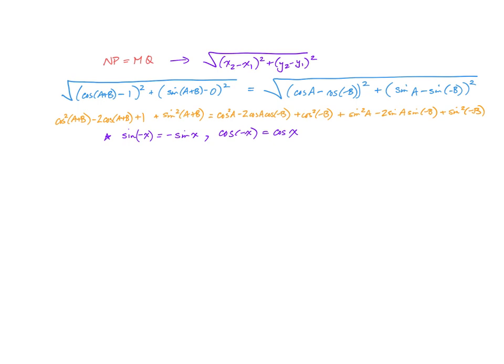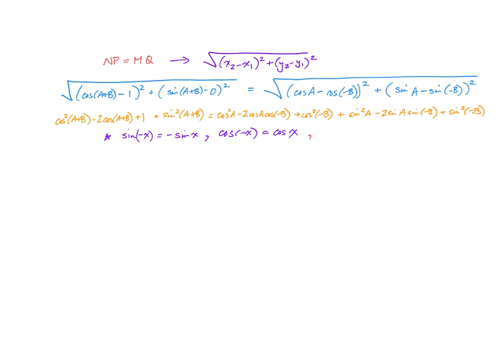Okay, what we're also going to do though, let's clean up some other stuff. If you take a look, you notice that you have cos squareds and sine squareds. And then on the right side, you have a cos squared, a sine squared, and a sine squared. And as soon as I see cos squareds and sine squareds, I'm hoping that something from your grade 11 course is popping up.